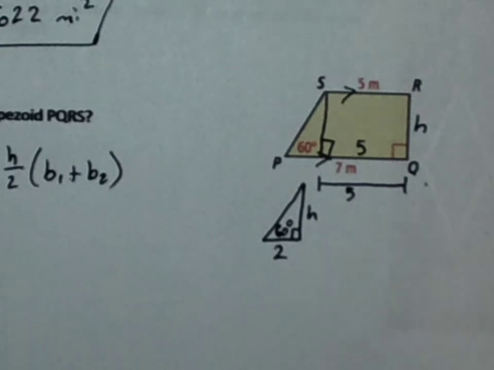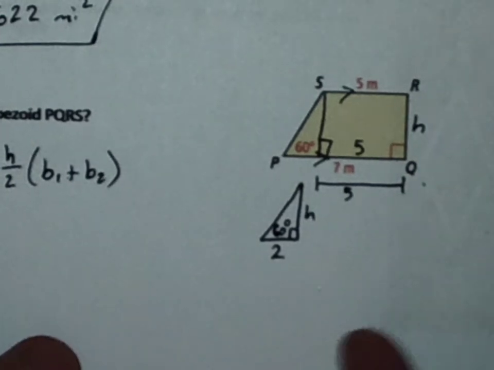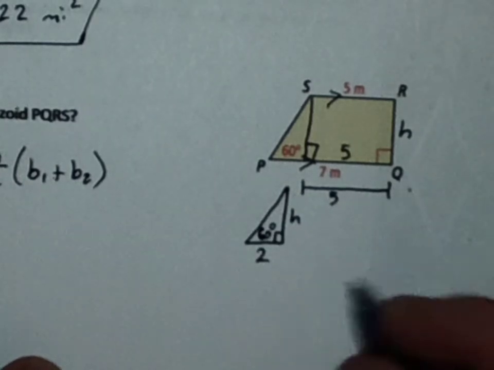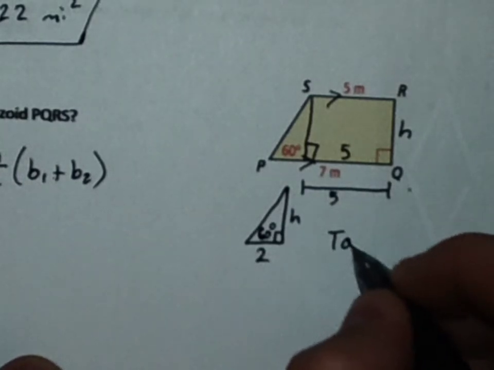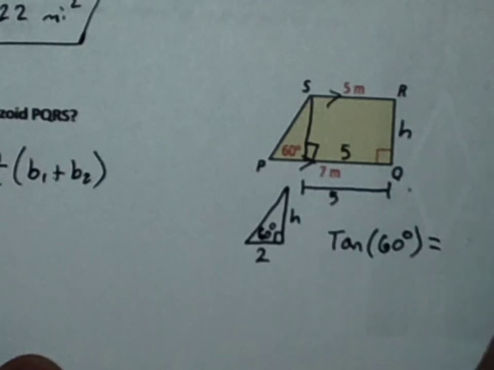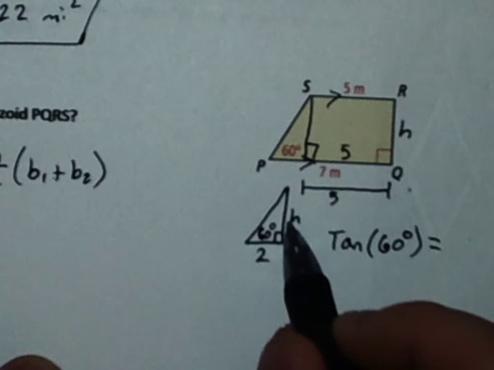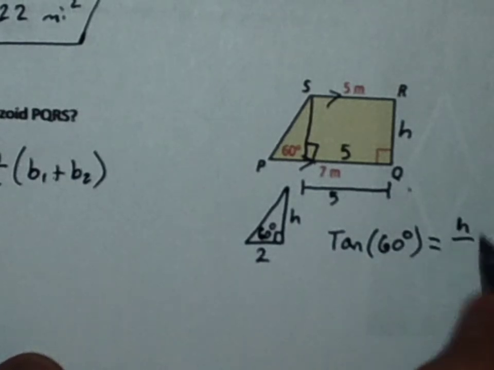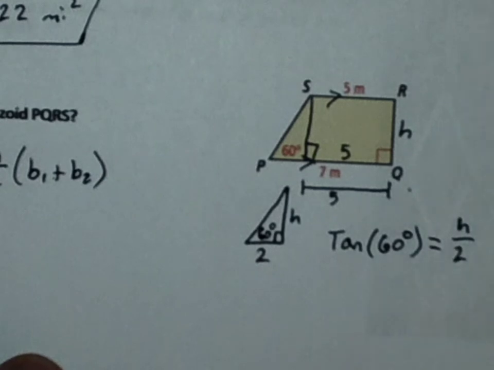And now if you recall your 30, 60, 90 triangle rule, or you could also use sine or cosine or tangent. This would be tangent. So I could say that the tangent of 60 degrees is equal to the opposite divided by the adjacent. The opposite is the height, the adjacent is 2.